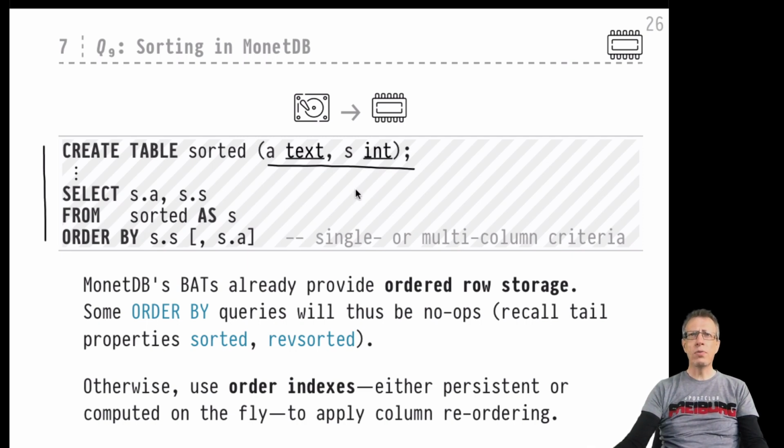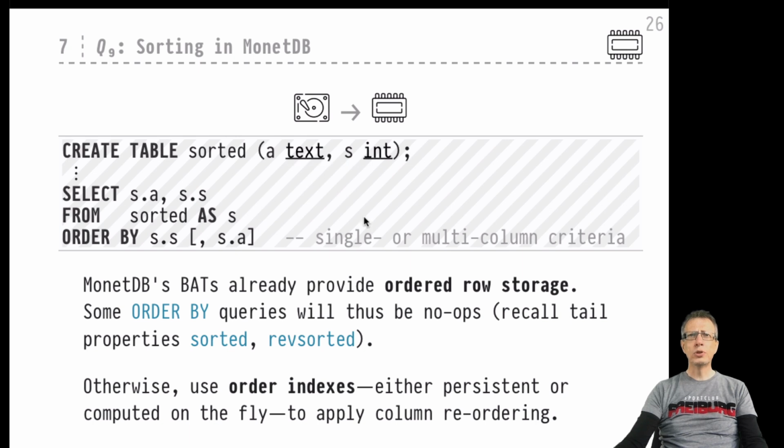We will revisit this here, and then later in the very final part of this video talk about the ordering of tables that is based on more than one criterion, for example, S and then column A. So this will add a twist to all of this discussion.